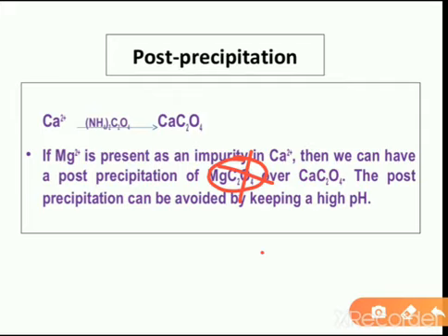So these are the two remedies to avoid post precipitations: washing the precipitate with a suitable solution, and filtering the precipitate soon after the precipitation is over.